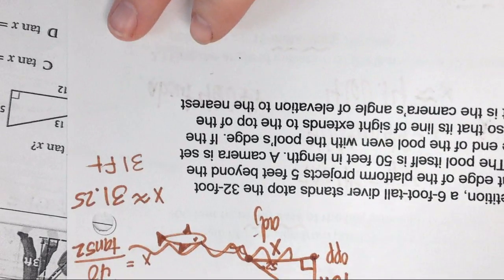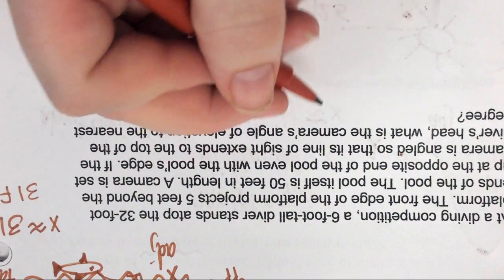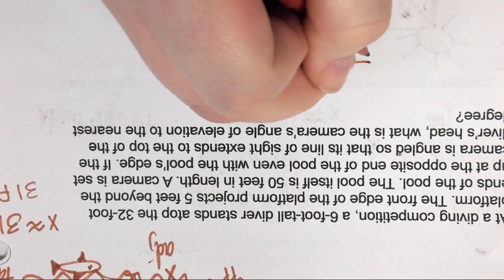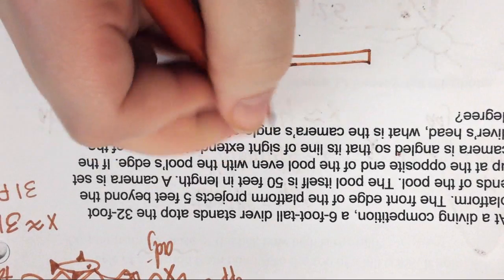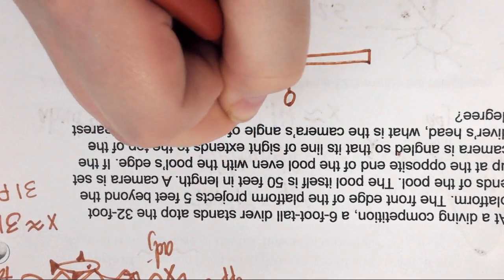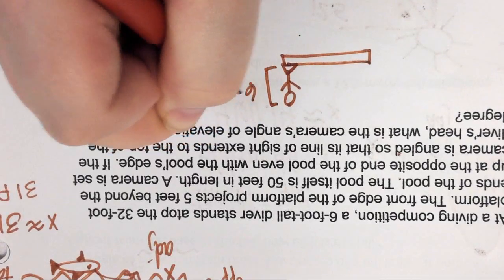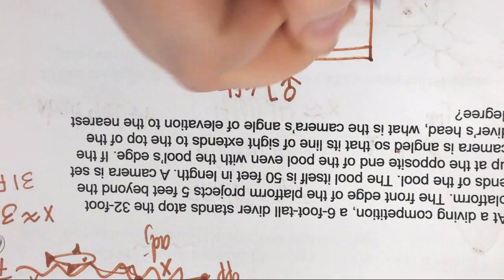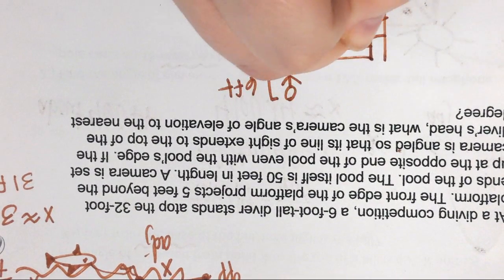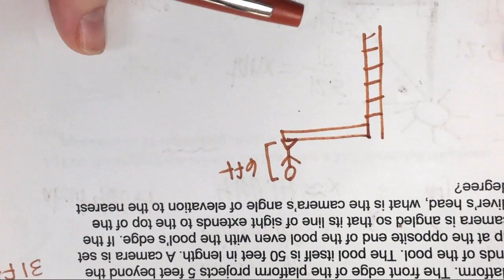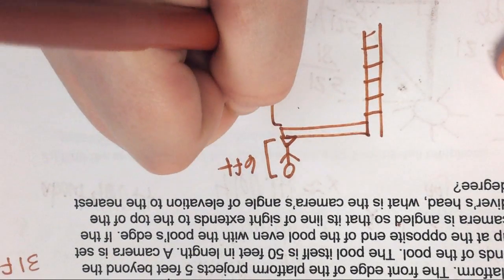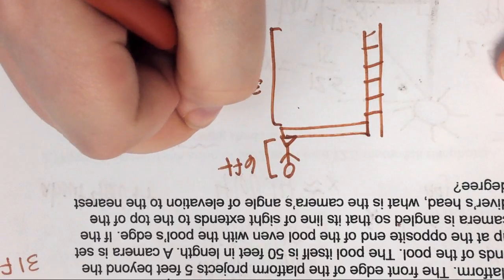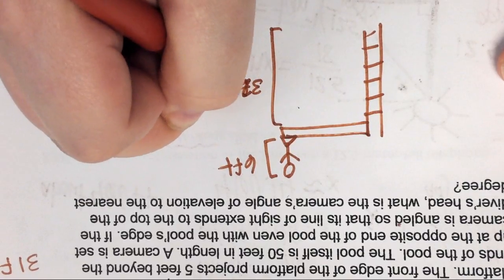Okay, so it says something about a diving competition so I need a diving board. And a 6-foot tall diver, here he is. He's 6 feet tall. He stands atop, let me make the ladder and everything that he climbed up, he stands atop a 32-foot platform.